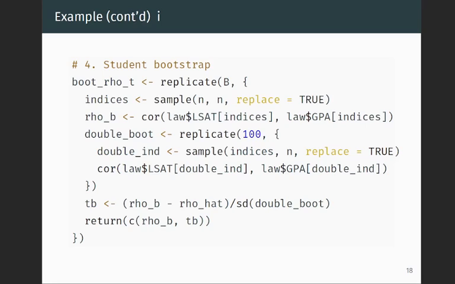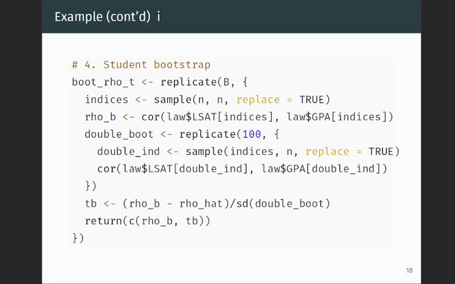Okay, so now what we get is a vector of length 100 called double boot. And again, what we get from this is sample correlations. But now those sample correlations are conditional on the bootstrap sample that we did at first. And those are the samples we're going to use to estimate the standard error of row B. So finally we can compute TB as row B minus row hat divided by the sample standard deviation of double boot.